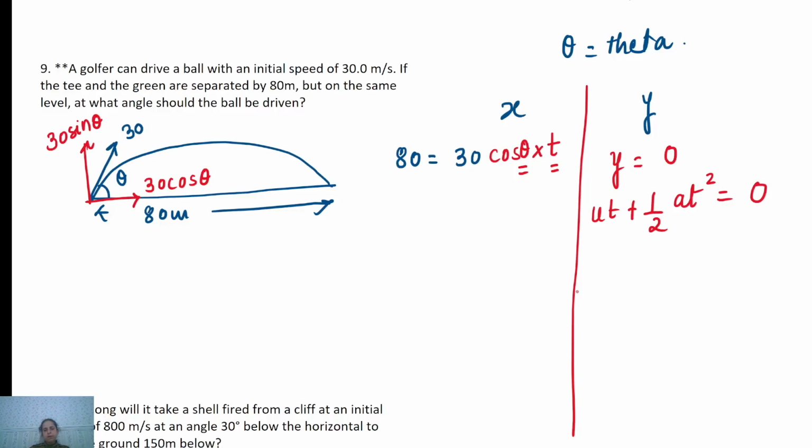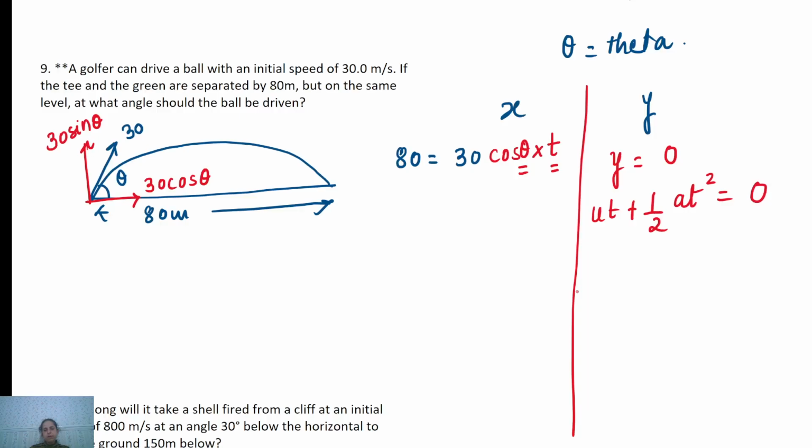So 30 sine theta t equals half times 10 times t squared. Again, I'm cancelling one t because that's the time of the start, when t equals 0. I need this time. So 30 sine theta, divided by 5, will give me t. So 6 sine theta is my time.